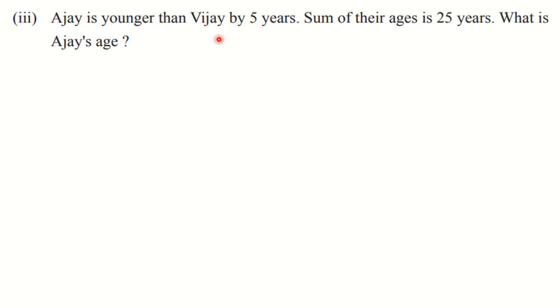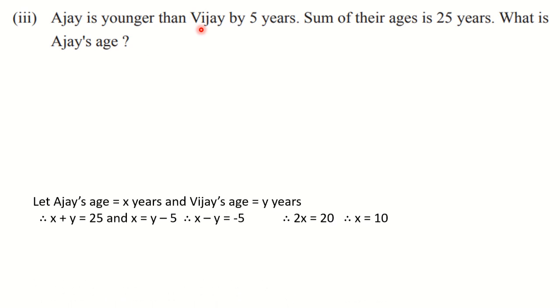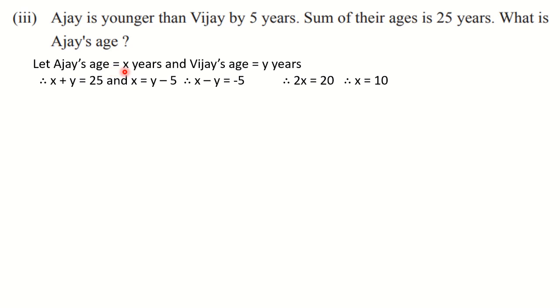This problem we can solve in many ways. You can solve it orally also. But since we are studying equations in two variables, I am solving it by using equations in two variables only. So I am taking Ajay's age as x years and Vijay's age as y years.